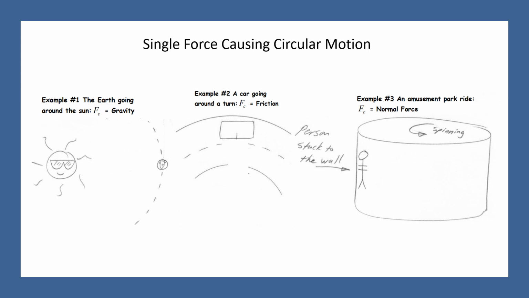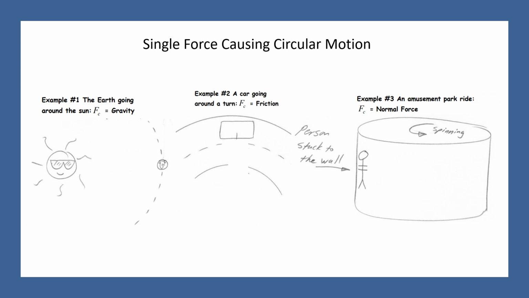Because when there's ice, you can't stick to the road and you just slide off. So friction is our centripetal force when a car goes around a turn. And example 3, if you think about it, you're stuck to the wall. I'm giving you hints on this one: our centripetal force is the normal force.